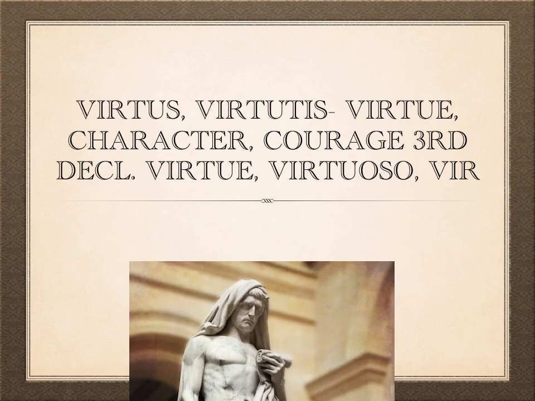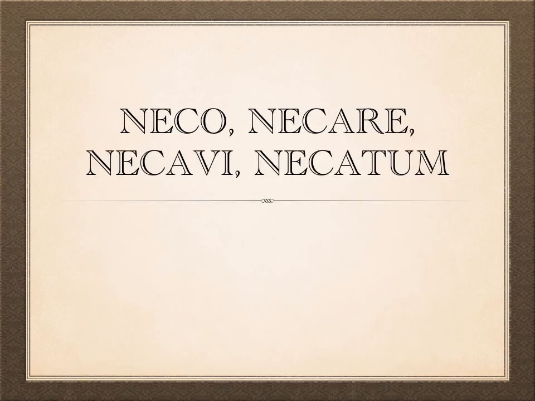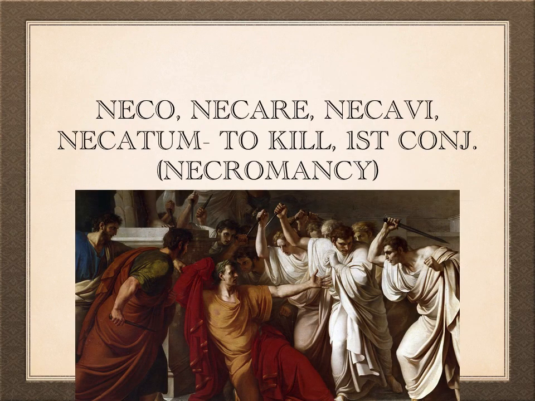But specifically, this is courage. So it simultaneously means virtue as a concept, but also specifically the virtue of courage. Good. Uxor uxoris. This one is kind of hard to remember, but it means, anyone? Very good. It means wife. Good job. Nego negare, negavi negatum. This is what a lot of senators did to poor Julius Caesar on the Ides of March. It means this. Okay. And then we did mos moris.